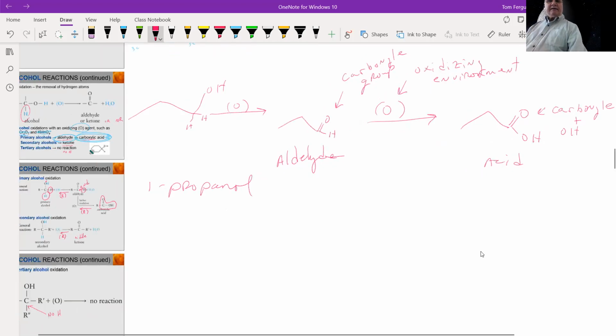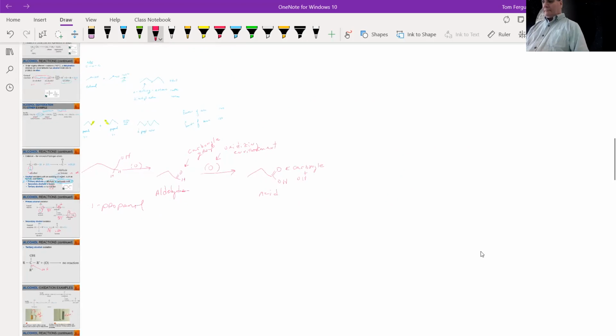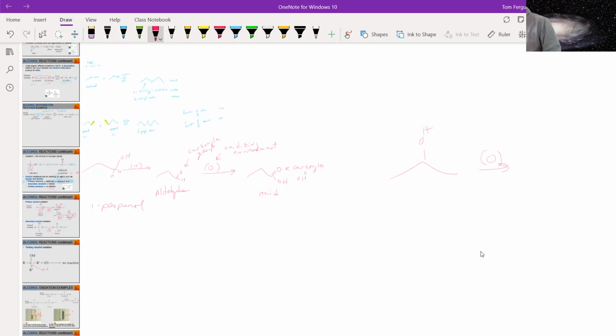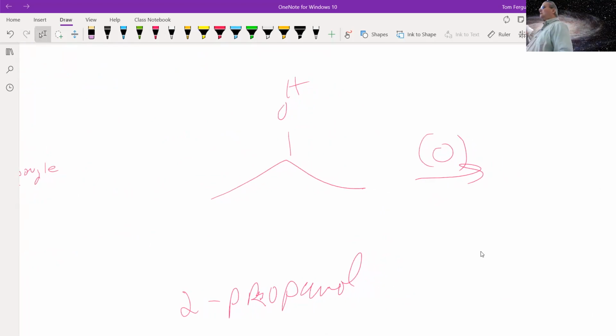Okay, so let's look at a secondary alcohol. 2-propanol in oxidizing conditions. Okay, so it's a secondary alcohol.